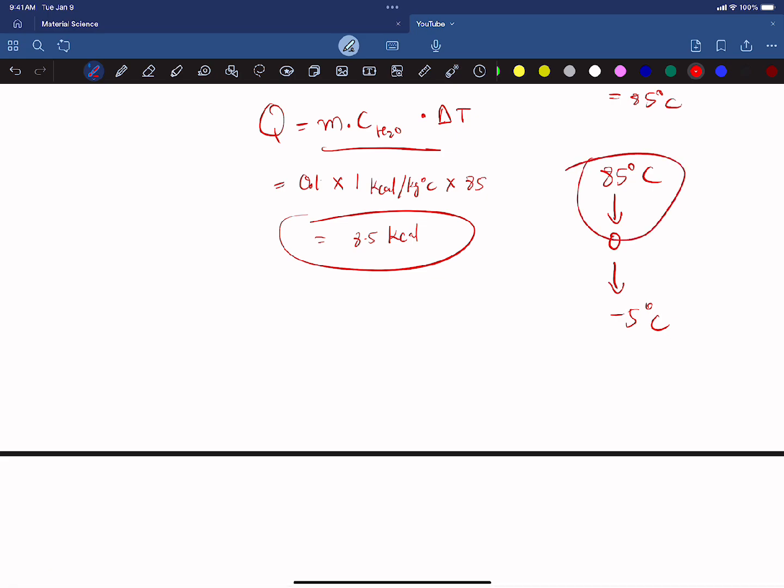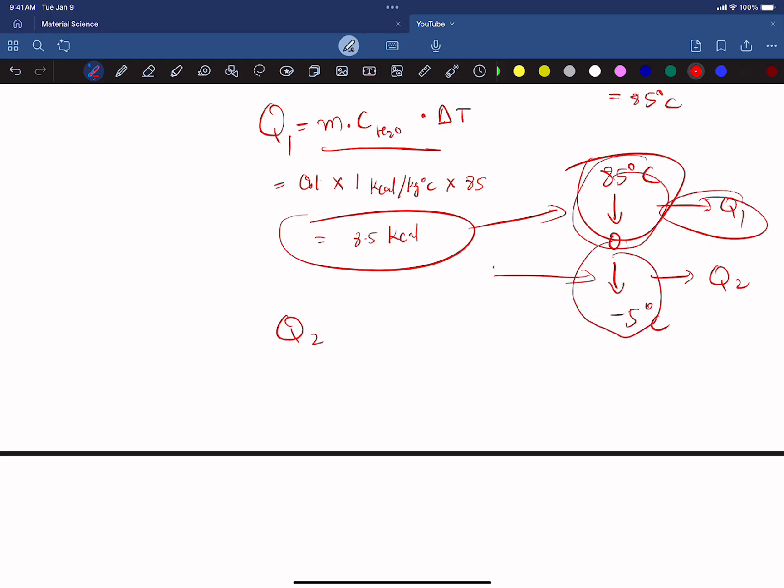So this much energy is required to be taken out from the water. So this should be the Q1 and this should be the Q2. Q1 amount of energy is required to decrease the temperature from 85 to 0, and Q2 is required from 0 to -5.